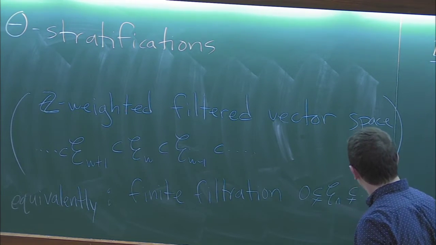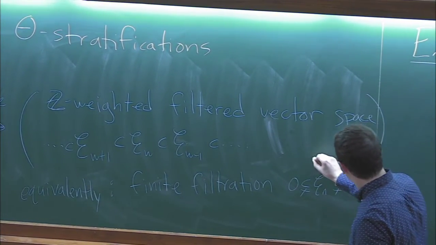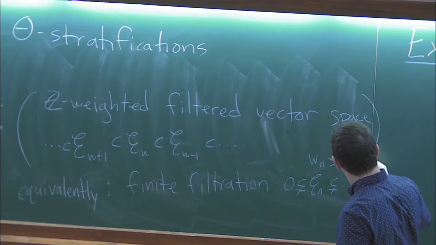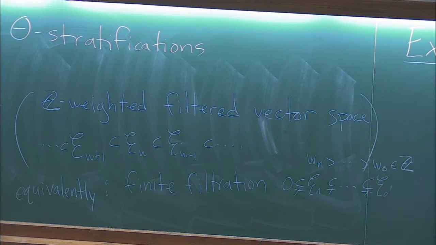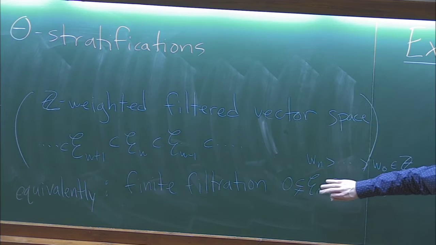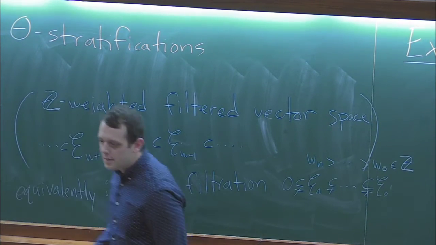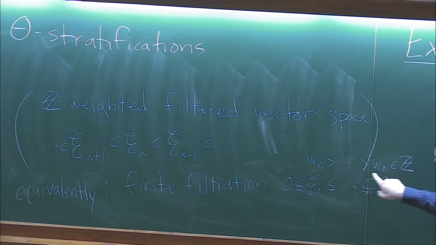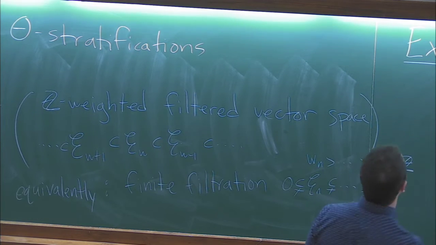So it's a usual filtration, and along with weights, a sequence of integers like that, an ascending sequence of integers, is just recording the data of where the jumps are happening. So this gives you basically a geometric definition of what a filtration is, except that in this definition you automatically get these weights as well. So the natural thing that comes from geometry is a weighted filtration.